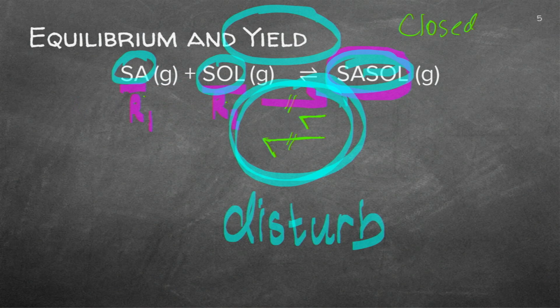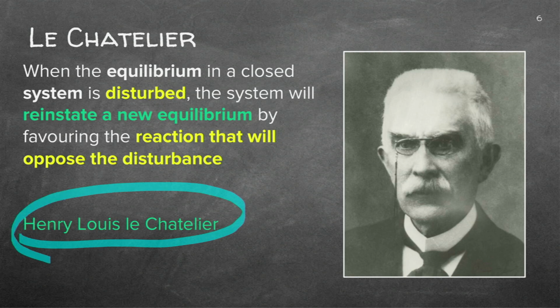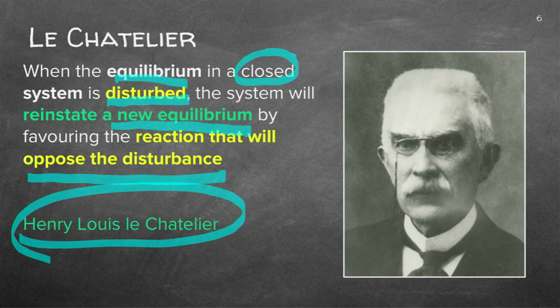And that's actually the work that was done by Louis Henry Le Chatelier. Henry Louis Le Chatelier was the guy who said, if you disturb the equilibrium, and remember it will only happen in a closed system, the system will reinstate a new equilibrium by opposing the disturbance.